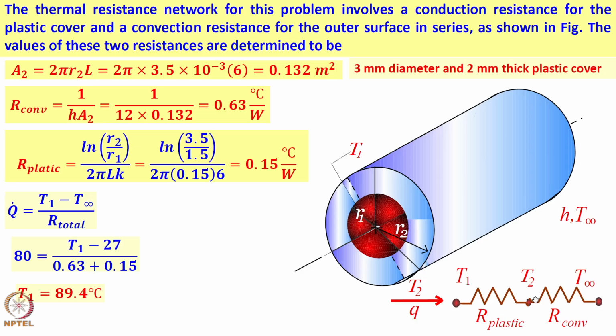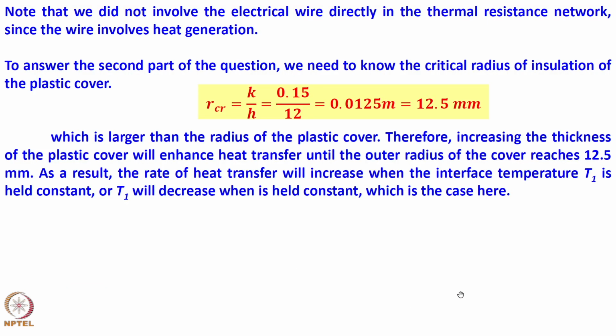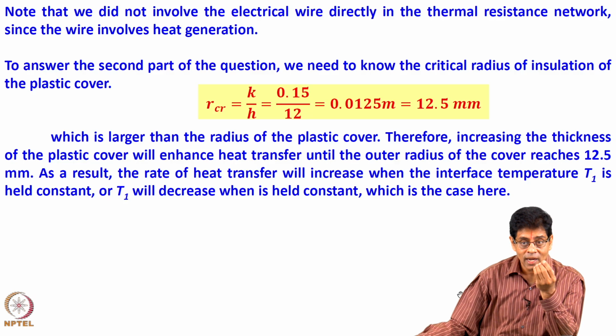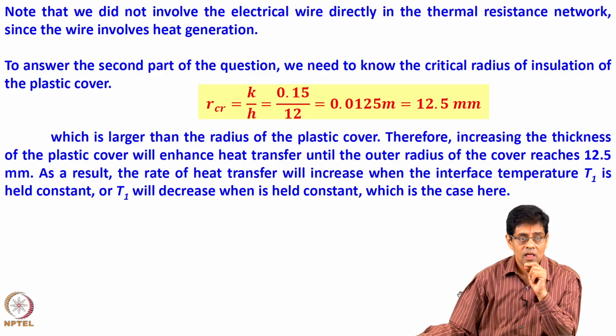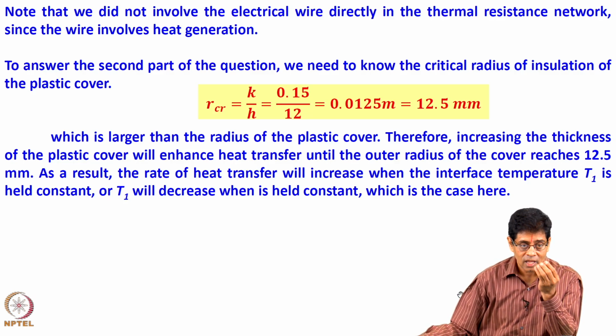So, you can calculate the two resistances, you know Q. So, T1 minus T infinity is known. So, T1 is the leftmost temperature, which is the temperature that we want, 89.4 degrees centigrade. We did not involve electrical wire directly in the thermal resistance, since the wire involves heat generation.